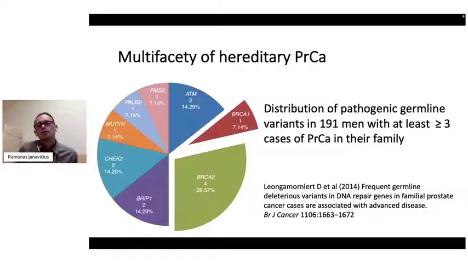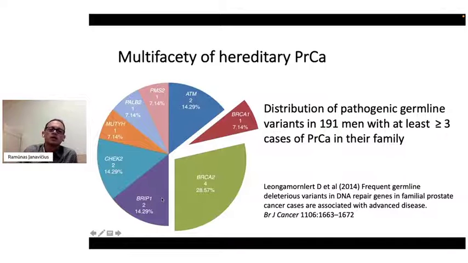Here is one of the first studies which showed the multiplicity of hereditary prostate cancer. They found various germline mutations in various cancer predisposition genes. More than 35% corresponded to the BRCA2 and BRCA1 genes, which, as you probably know, relate to hereditary breast and ovarian cancer syndrome.